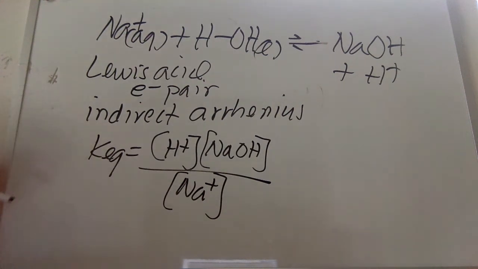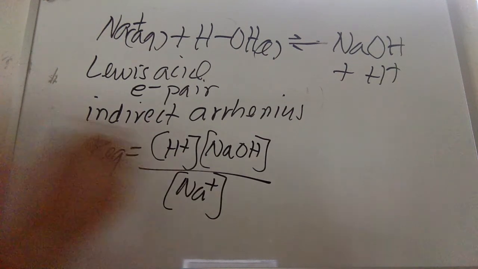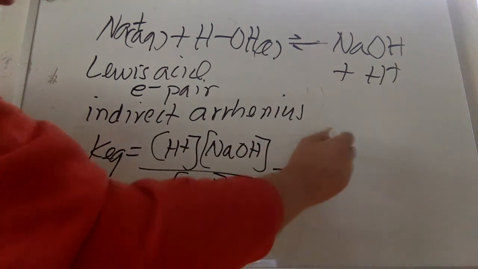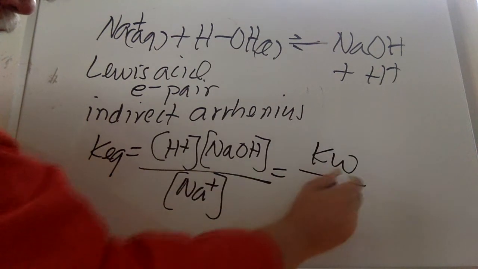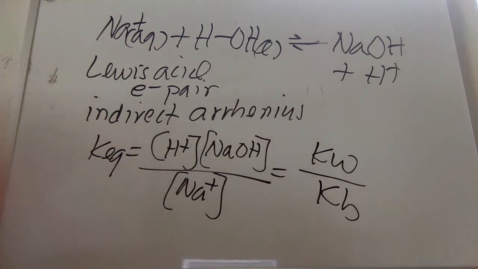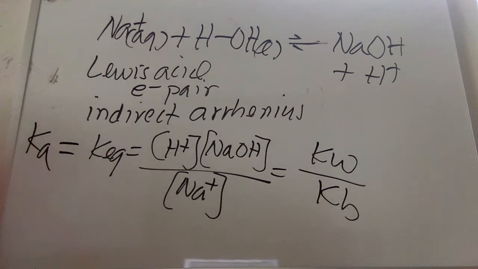And number two, it is a constant, 56 molar, so it doesn't change much. So what is this related to then? It's actually related to the Kw divided by the Kb, because the Keq in this case is Ka, because sodium ion is acting as an acid.